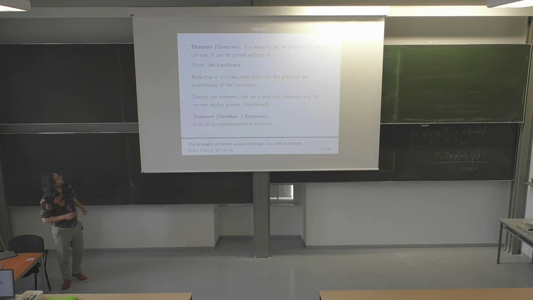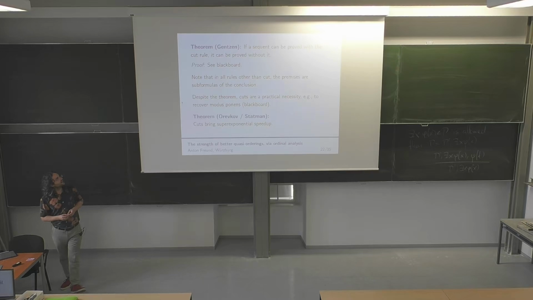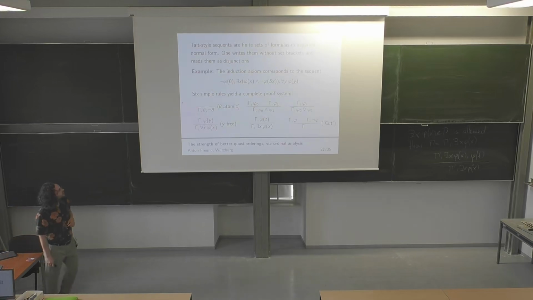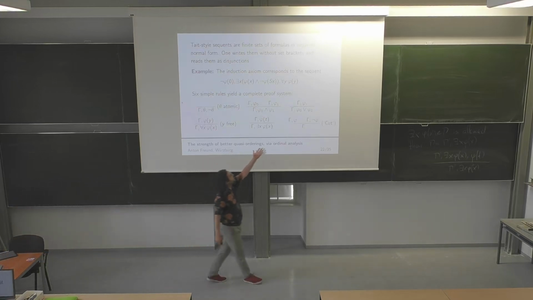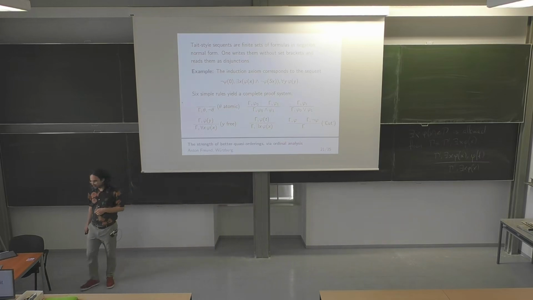Okay, so now there is this very important, very classical theorem of Gentzen, which says that if a sequent can be proved with the cut rule, then it can also be proved without it. And why is that so important? It's important because in all rules other than cut, the premises are subformulas of the conclusion. So you can see that here, right? For example, in the case of the disjunction, the premise phi i is a subformula of the disjunction phi 0 or phi 1.